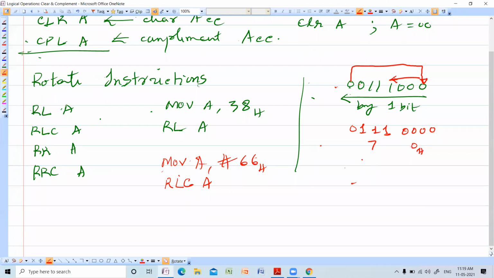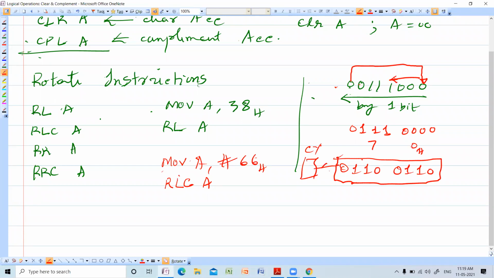What is the meaning? Rotate left through carry. The carry flag will be affected. So 0110 0110. This is the accumulator, and the carry flag is here.